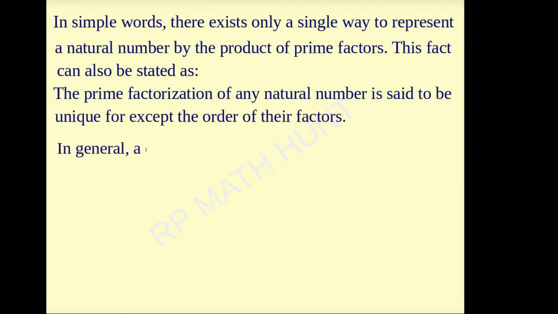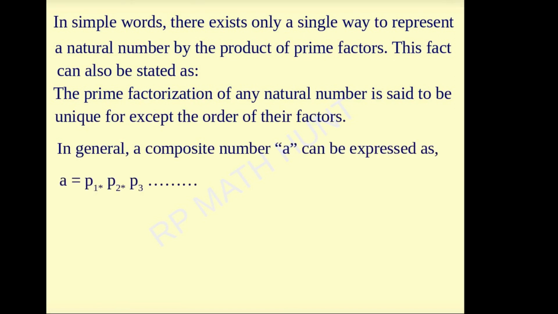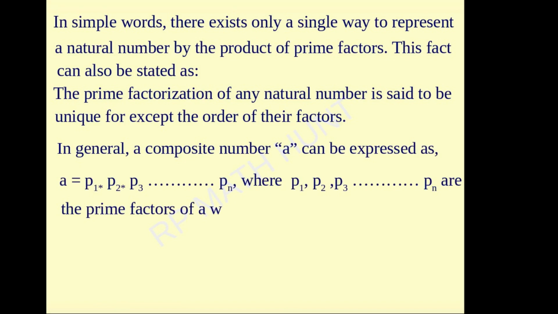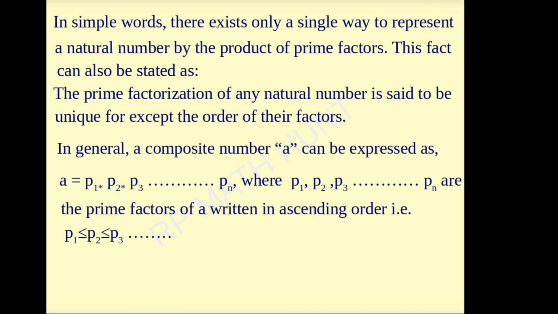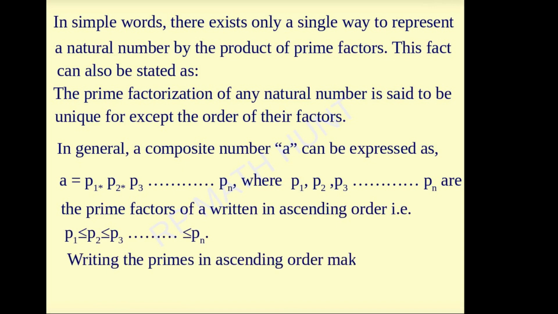In general, a composite number A can be expressed as A equals P1 into P2 into P3 and so on up to Pn, where P1, P2, P3, up to Pn are the prime factors of A written in ascending order, that is P1 is less than or equal to P2, less than or equal to P3, and so on, less than or equal to Pn. Writing the primes in ascending order makes the factorization unique in nature.